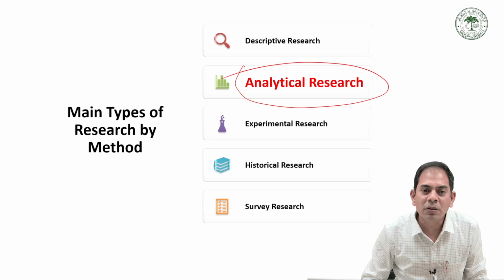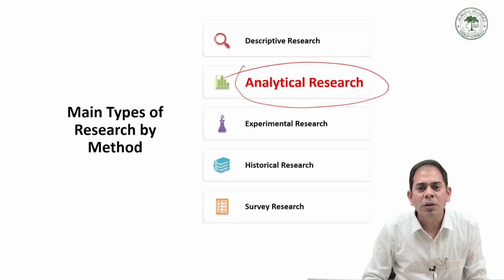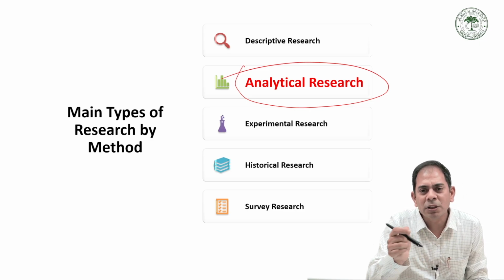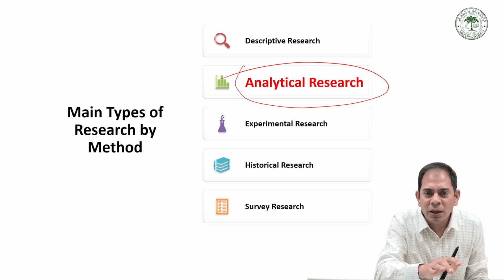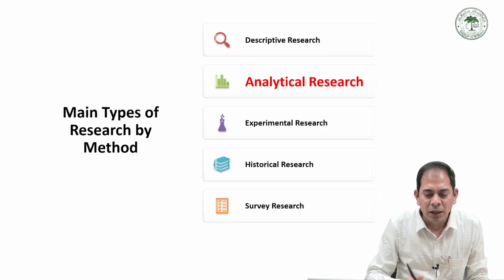Instead of just collecting data, this research emphasizes analyzing and explaining the data scientifically, because research is a scientific plan, a systematic process, and analytical research is generally used to collect, analyze, and interpret the data scientifically.